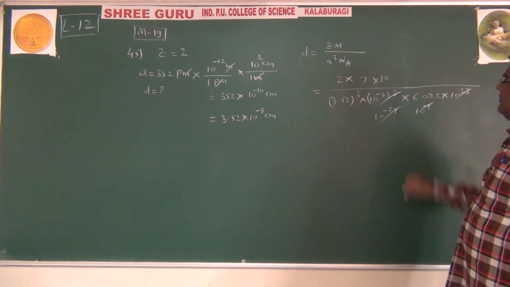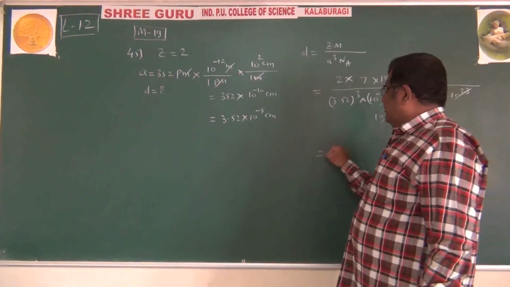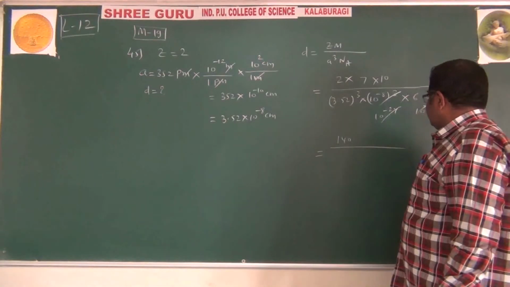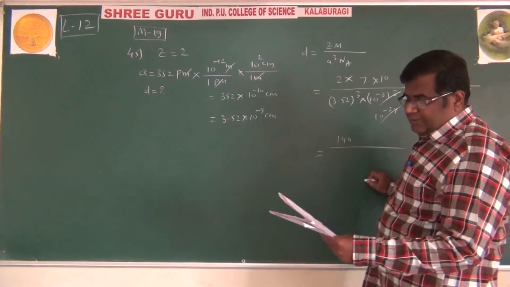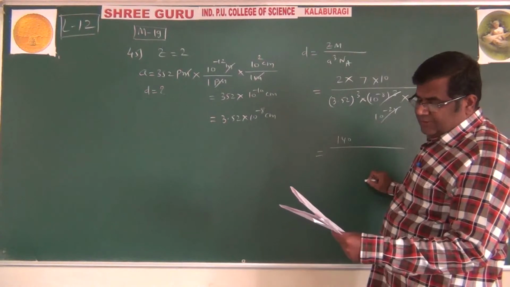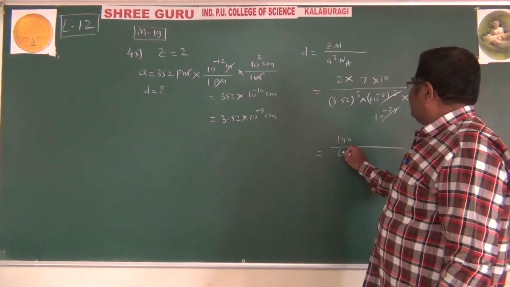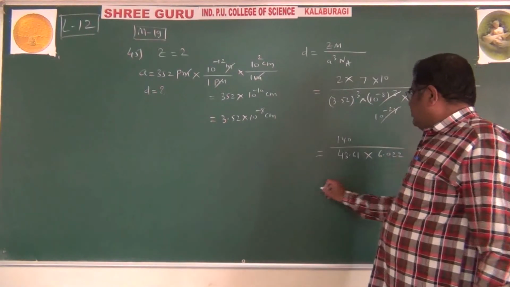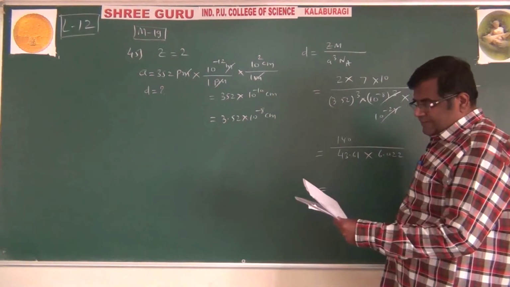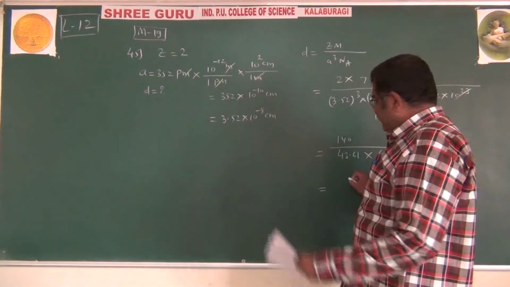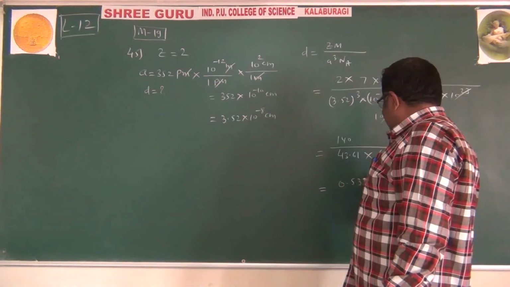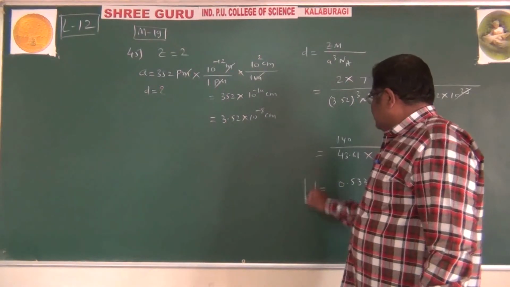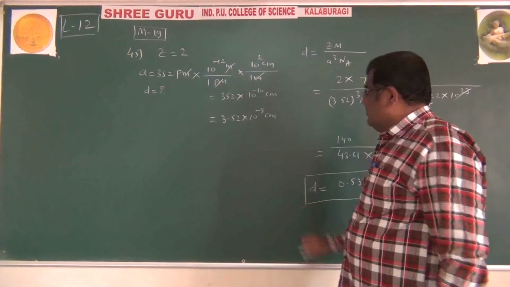This equals 10, so it is 140 divided by the cube of 3.52, which is 43.61, into 6.02. If we simplify this, the answer is 0.533 gram per cubic centimeter. This is the answer for the density.